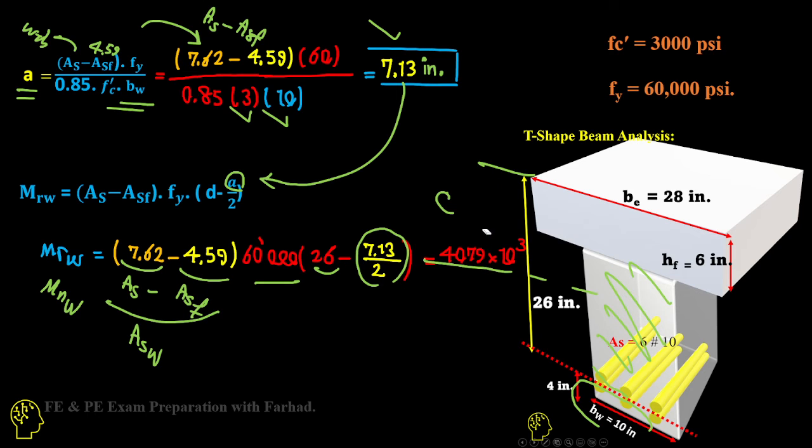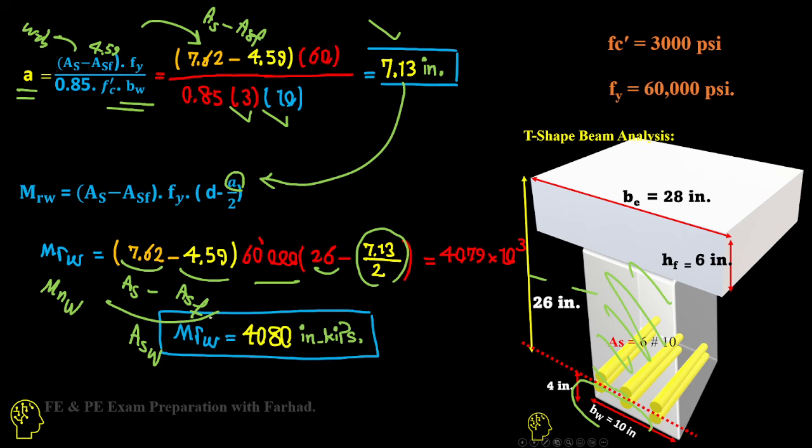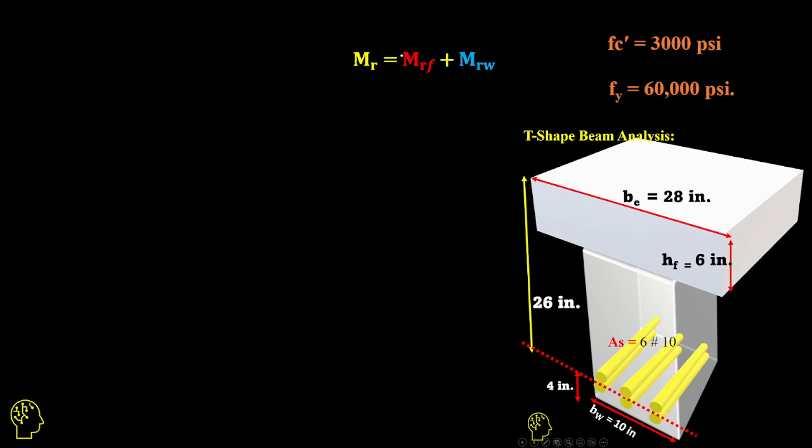It gives us like 4,079 times 10 cubed inch kilopounds. We can round it up, and MRW is equal to 4080 inch kilopounds. And definitely the resistant or nominal moment is MNF plus MNW.